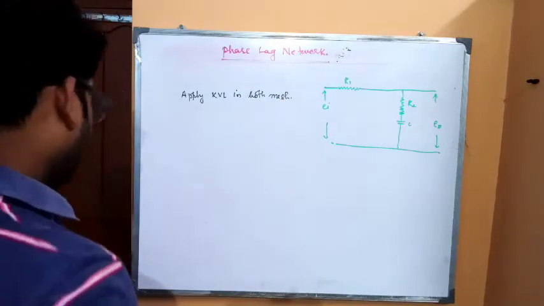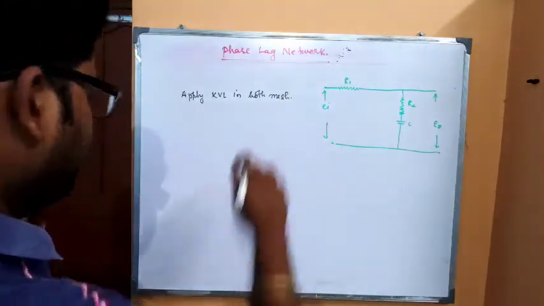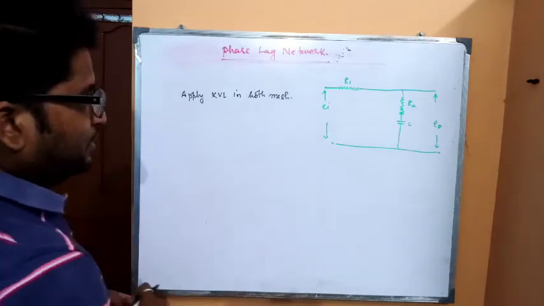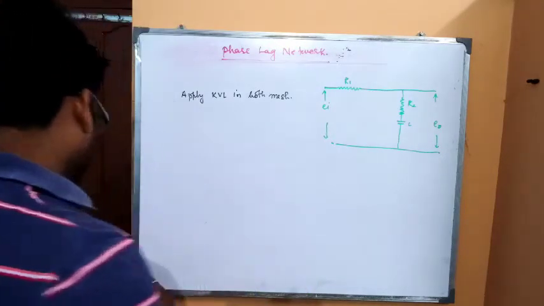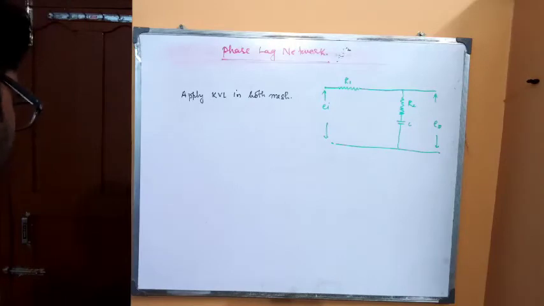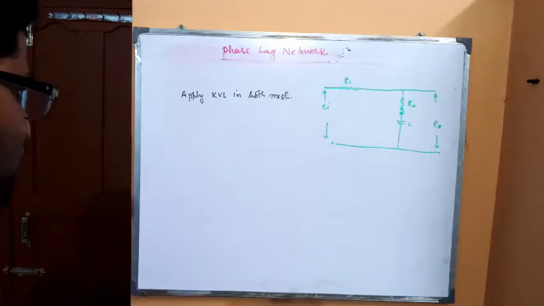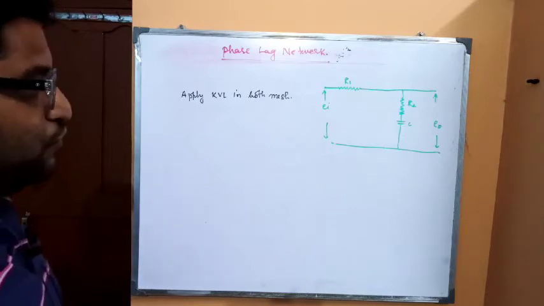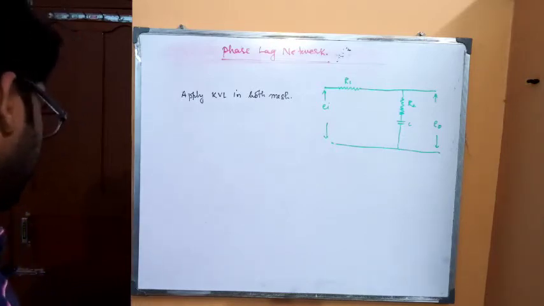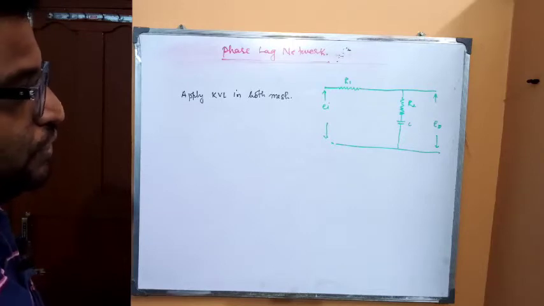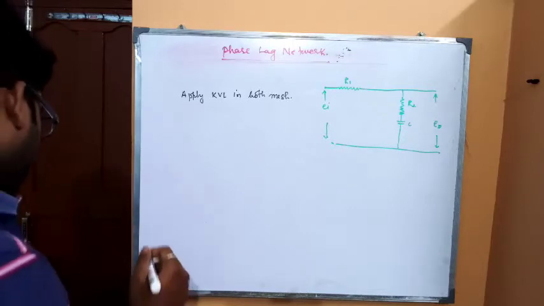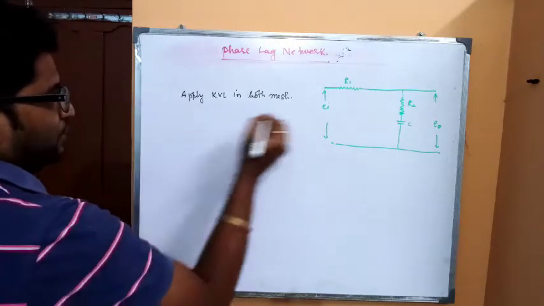If we apply KVL in the left hand side mesh, this will become E of i equal to R1 of i, then R2 of i, plus 1 by C integration of i dt. So this is the expression of KVL in loop 1.